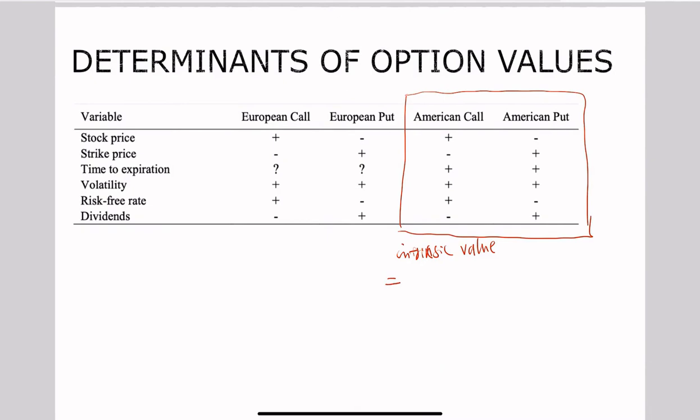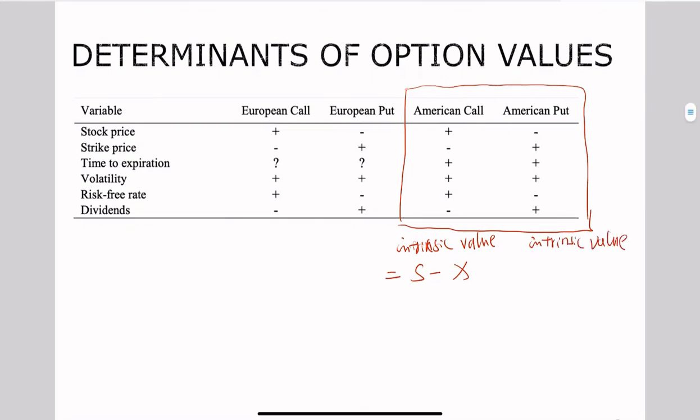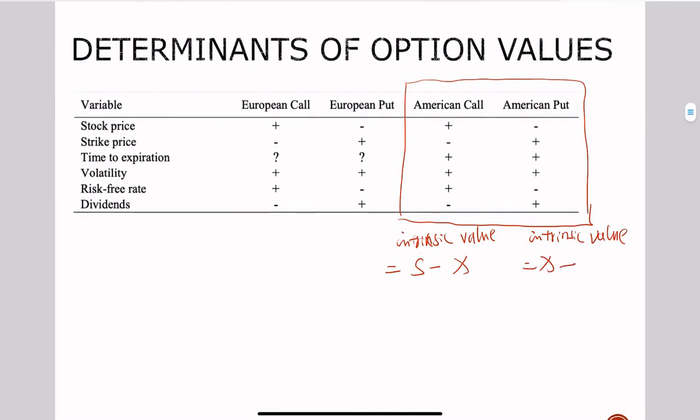It's given by market price minus strike price. If you have a put, its intrinsic value is given by exercise price minus the market price, right?